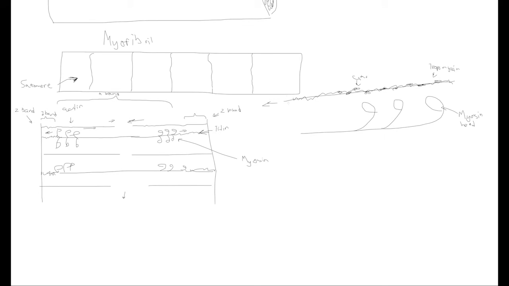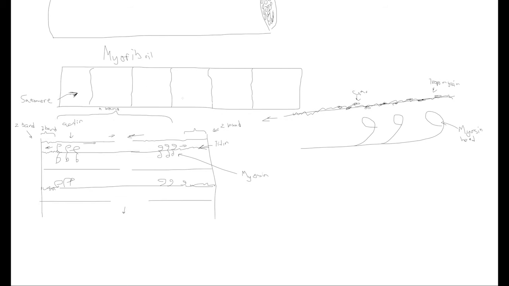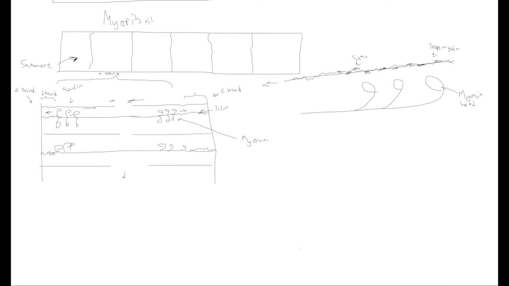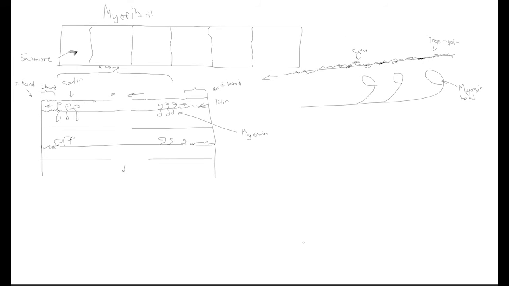So now let's talk about how we regulate the calcium that interacts with this structure, right? Because we need some way to regulate the calcium, right? Okay, so how that works is when you have a muscle, well, actually, let's just start by drawing everything.